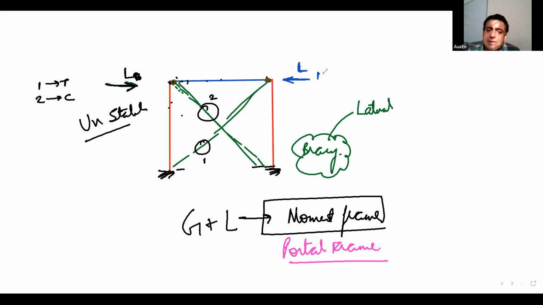Yeah, 1 was in tension, 2 was in compression. Now my bracing 1 is in compression and bracing 2 is in tension. Do we agree with this?